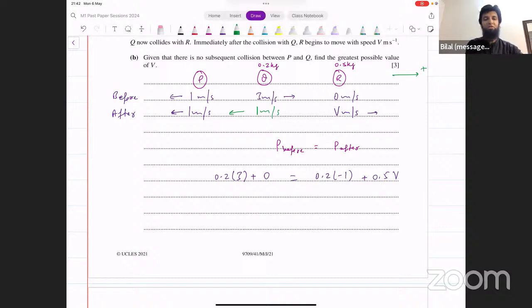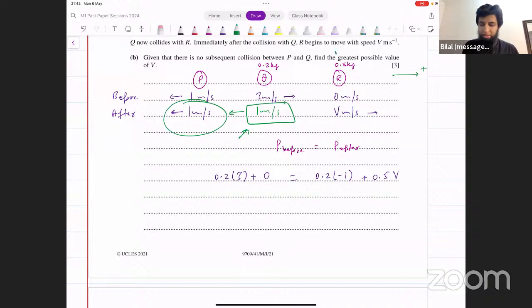Remember, just like those limiting equilibrium cases that we have in friction, we consider the extreme case that if the force ends up being slightly more than that value, the particle will start moving. It's in limiting equilibrium. So it's that limiting case when the velocity of Q is just at that point that even if it was slightly more than this, it would end up colliding.